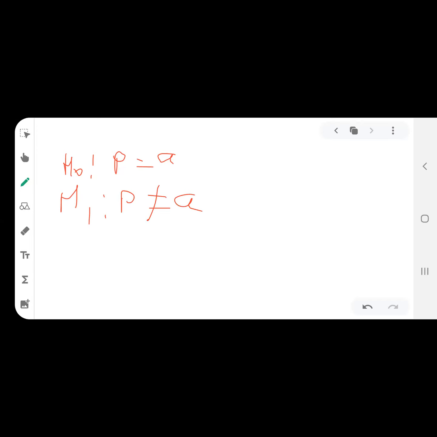Remember, we have P1 equals A1, P2 equals A2, up to PK equals AK, right? So H1 will say P1 not equal to A1, P2 not equal to A2, up to PK not equal to AK.